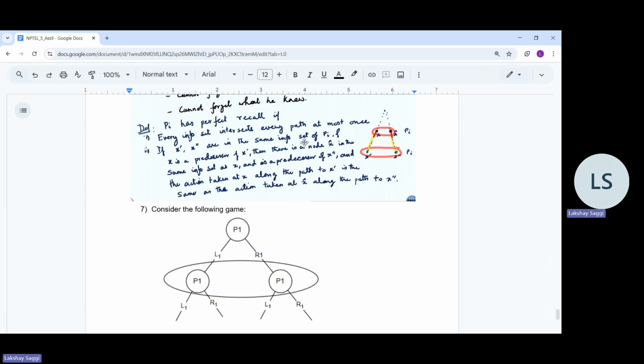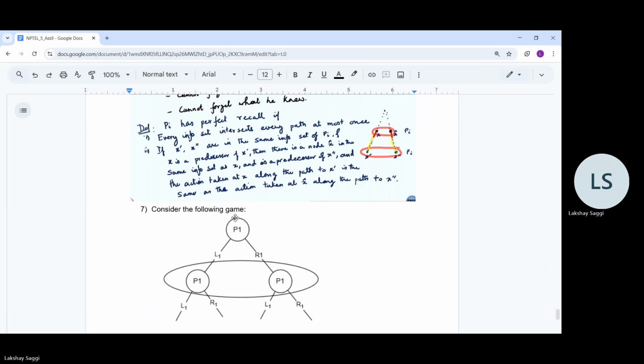So this is x. And similarly, there is a node x hat in the same information set of x, which is a predecessor of x double prime. So here you can see that x is actually equal to x hat. This node is the predecessor of this node as well as this node.